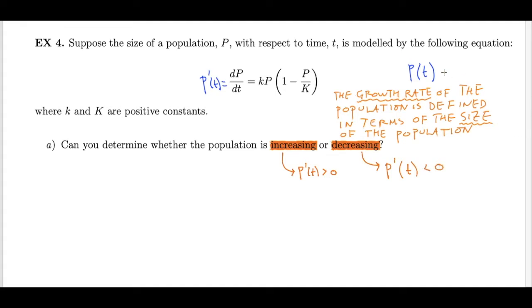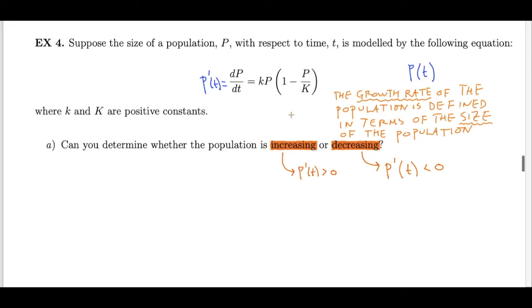Let me note another little detail. Since we're talking about population, I'm going to assume that the population is always positive. So if I'm modeling a rabbit population, I don't have negative 35 rabbits.